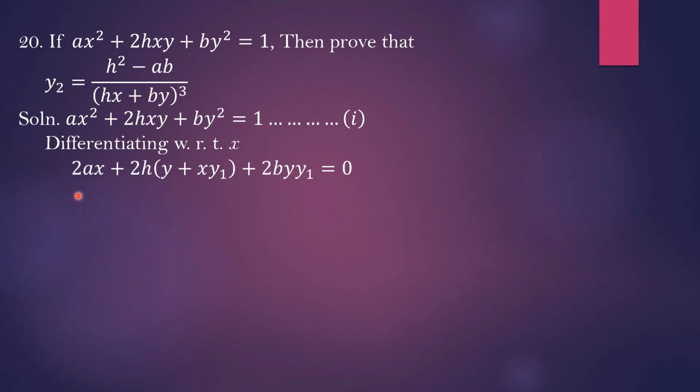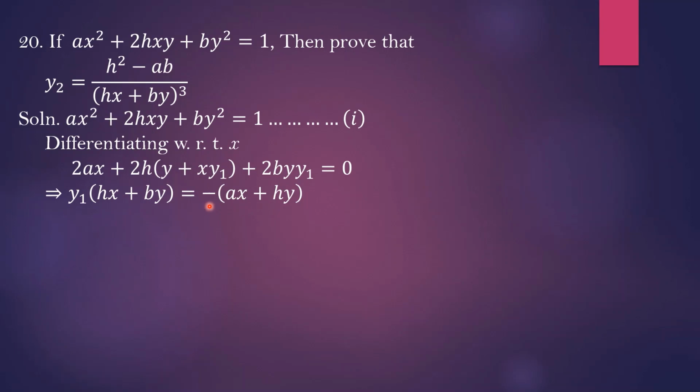So from here, on the right side you see the constant number 1, and so the derivative is 0. Now you can take y1 common here. We will get this line, and you see here 2 and 2 will cancel, and y1 is common, so from here it is hx and by, and then the other terms without y1, ax and hy, will go to the right hand side, and both are negative.